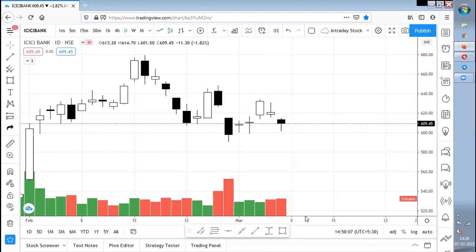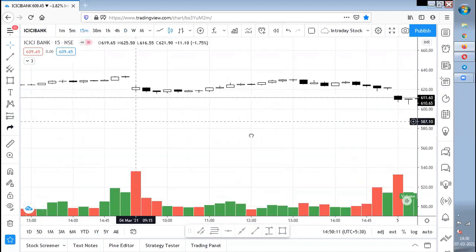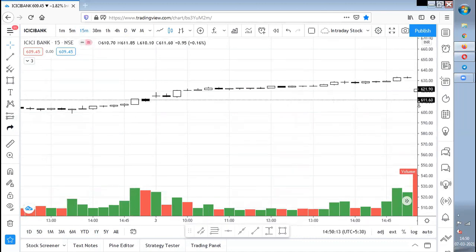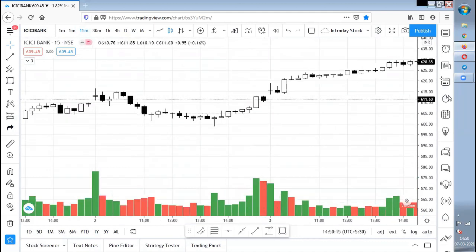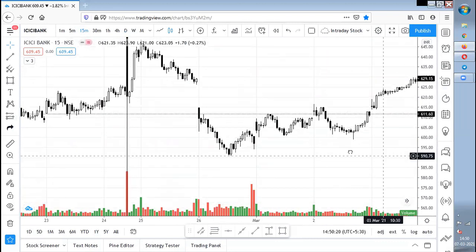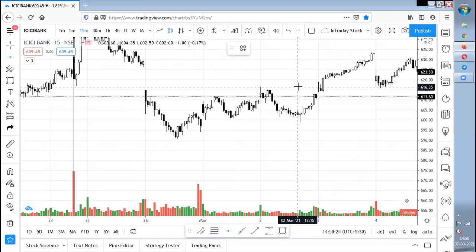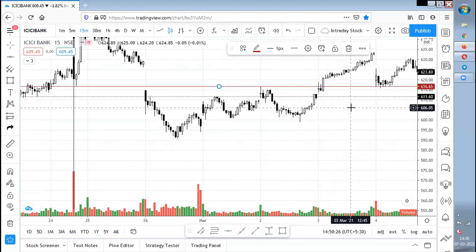Now let me tell you in depth how I took it. So this is 3rd of March. If you see, this is going to be the previous day high according to 3rd of March, right?